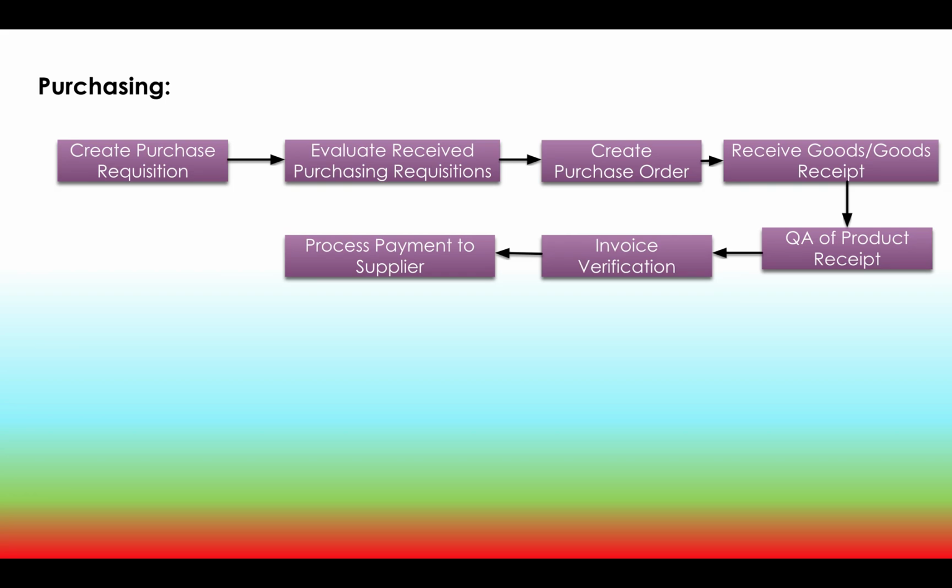After that, in the organization, every employee who needs material, goods or services can raise a requisition, which is called a purchase requisition. Purchase requisitions are mainly created by employees or users in the company.